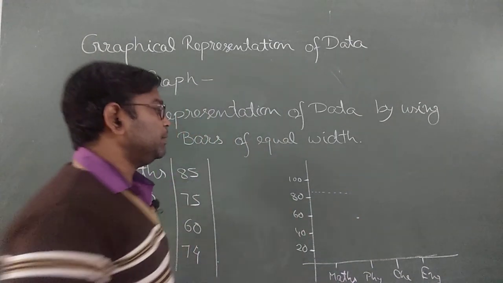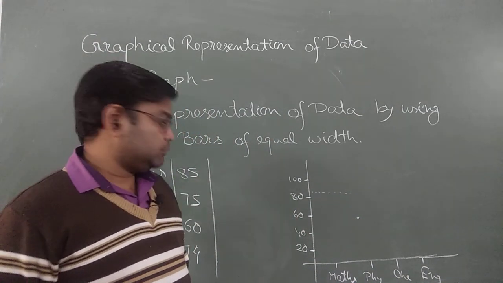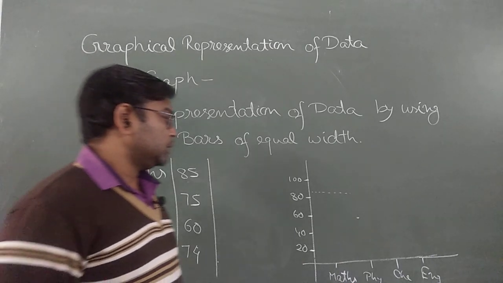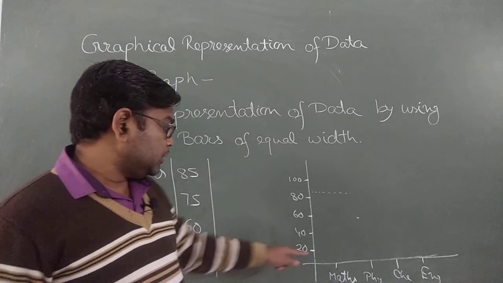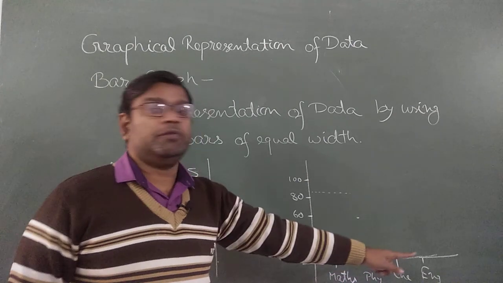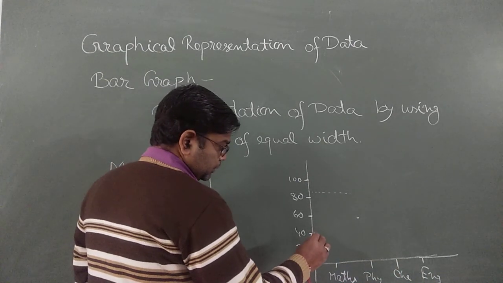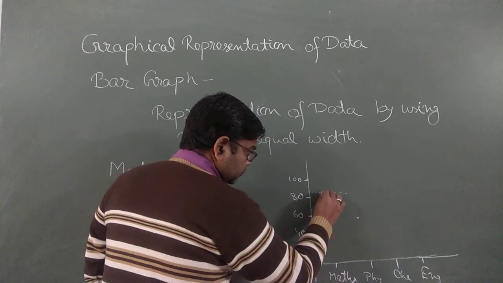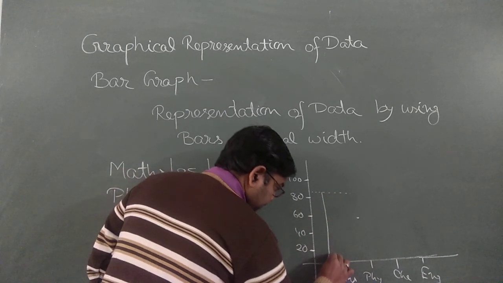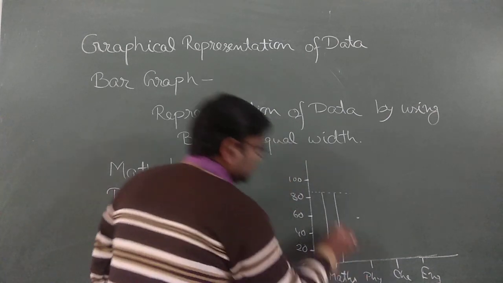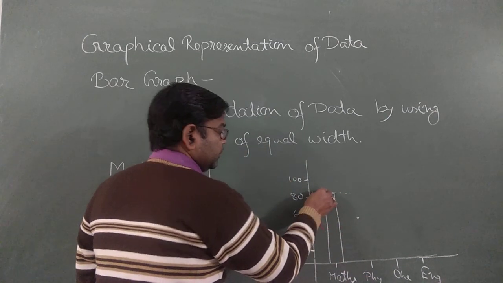We use graph paper to represent the data, or we can use plain paper also, but we have to locate these parts with equal width. Also in the graph, now use some bars of equal width.